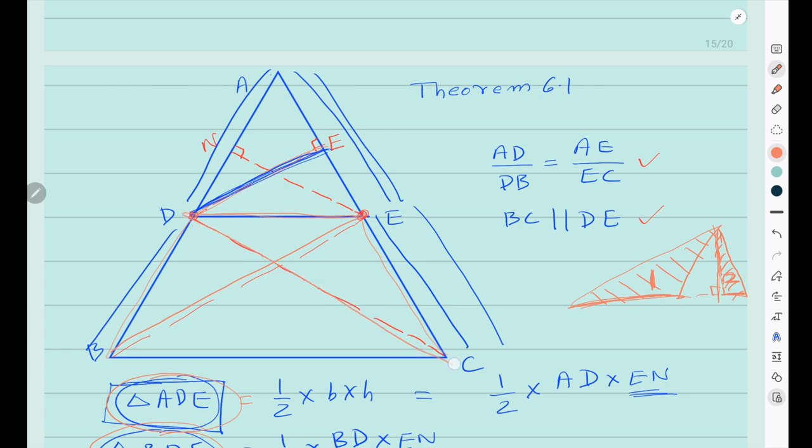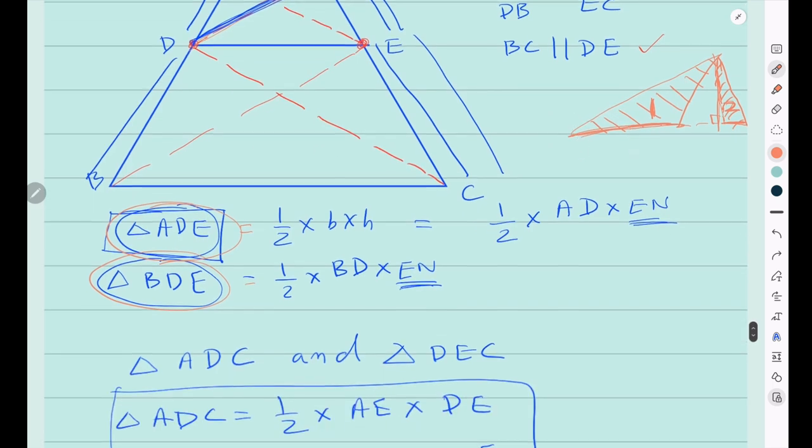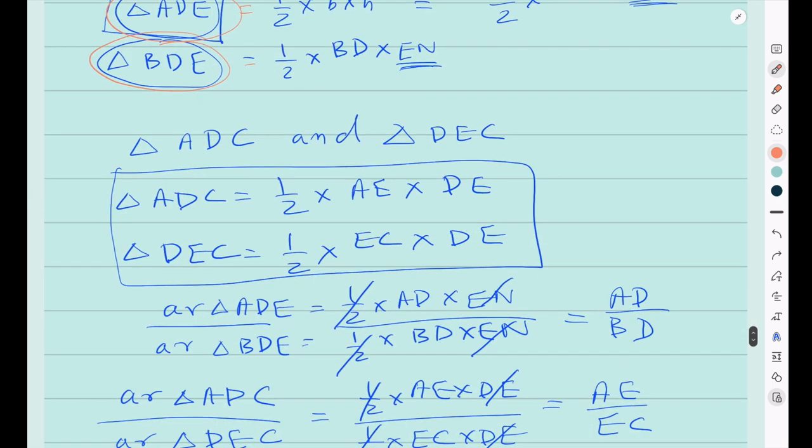The areas of these triangles are the same. Why? Because this is the common base DE, and we have been given that DE and BC are parallel, so it has the same height everywhere. So these two triangles have the same base and same height, and if they have the same base and same height, then they will be equal basically.